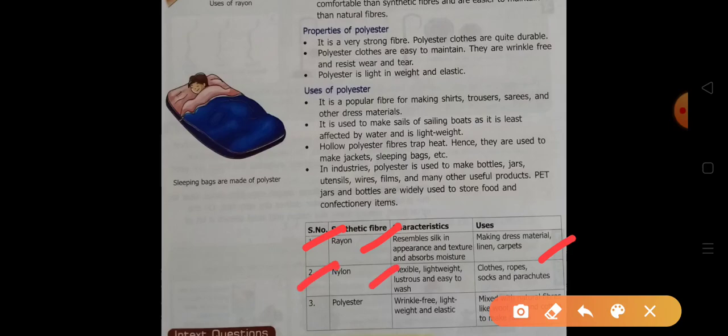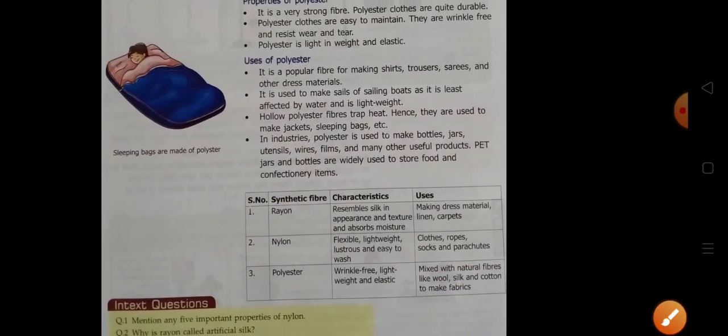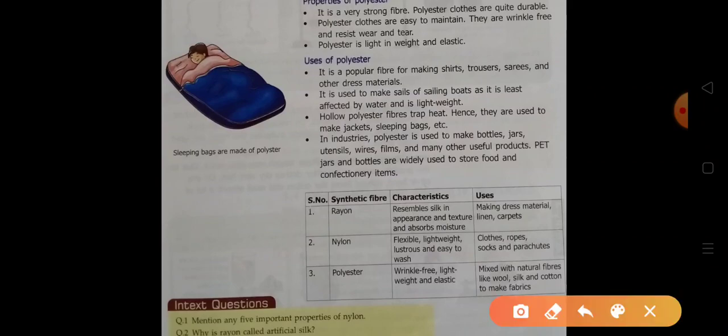It is flexible, lightweight, lustrous, easy to wash, and it is used for making clothes, robes, socks and parachutes. The next one is polyester. Polyester is wrinkle free, lightweight and elastic, whereas it is mixed with natural fibers like wool, silk and cotton to make fabrics.